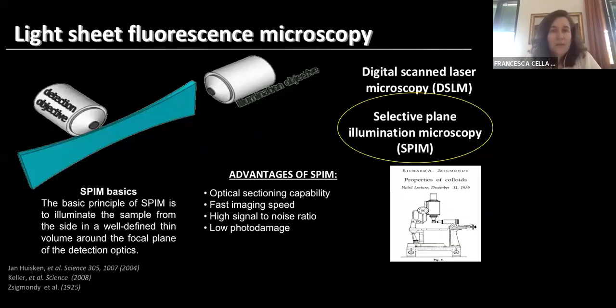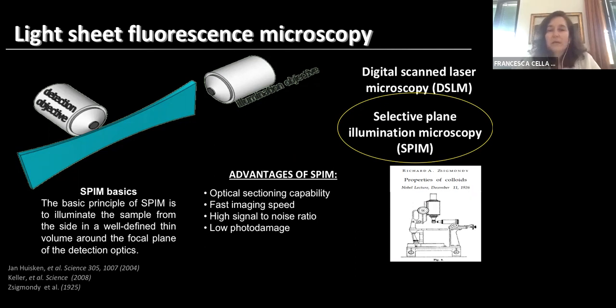So one aspect is we can think about combining light sheet fluorescence microscopy with super S. The basic idea of light sheet fluorescence microscopy, as you saw in detail before at the third day of the workshop, is to have planar illumination, confining the illumination only on the focal plane.